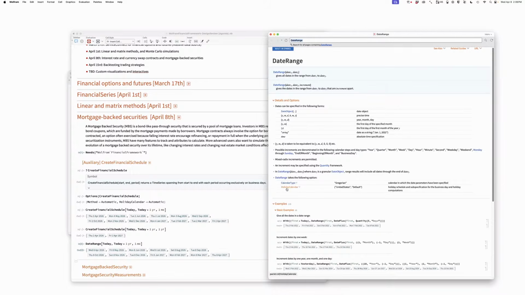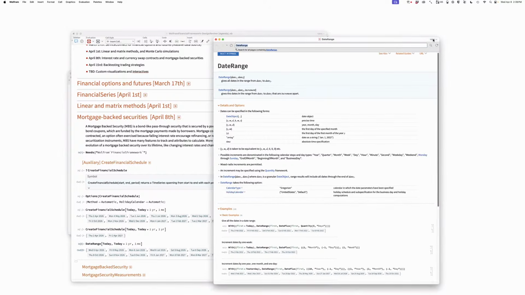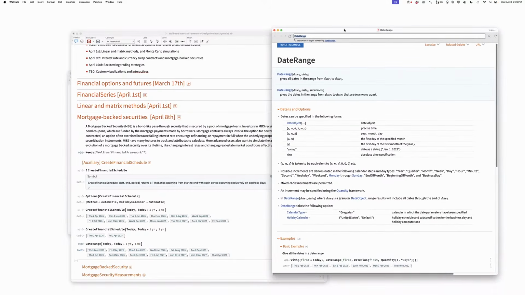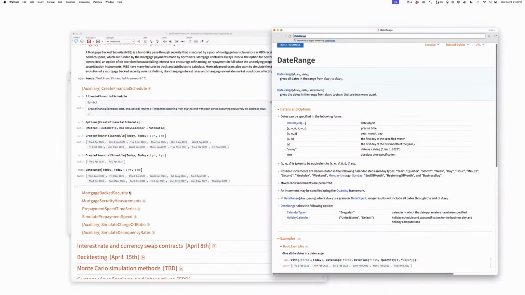Doesn't this have a way of doing this? You can do it, there is an option. There is an example, but it's only working on consecutive days and not with an increment. Okay. There's also a date-range function, which is very similar and was created for the first version of the finance platform. So basically we need to sort this out and add the right functionality. Yeah, DateRange should be extended to be able to do what we need for CreateFinancialSchedule. It's just not there yet. Okay, fine. So we don't need that. Yeah, we don't need that. That's true.